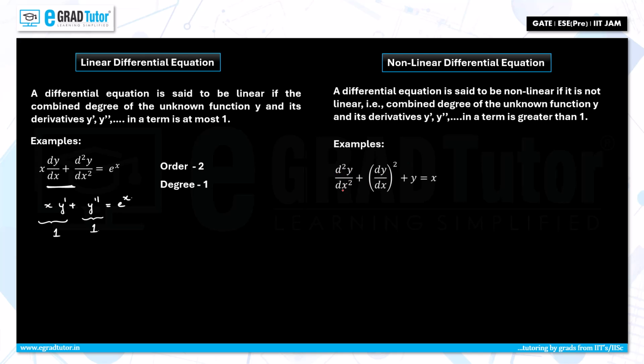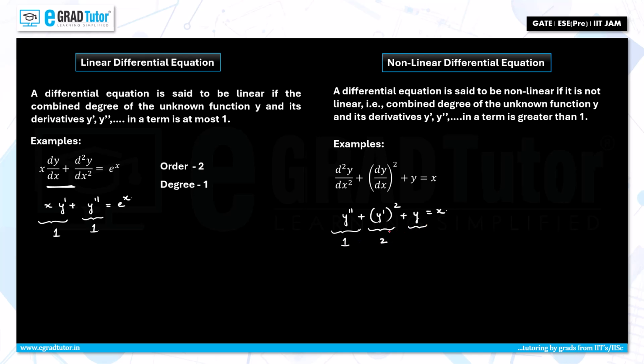d square y by dx square plus dy by dx whole square plus y equal to x. So let's write this in y dash and y double dash form. y double dash plus y dash the whole square plus y is equal to x. So if you see here, the degree here is 1. The degree of y or its derivatives in this particular term is 2.